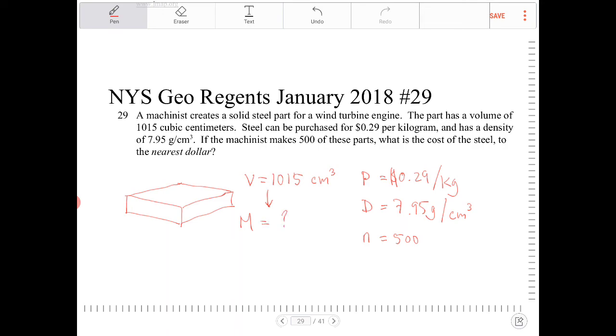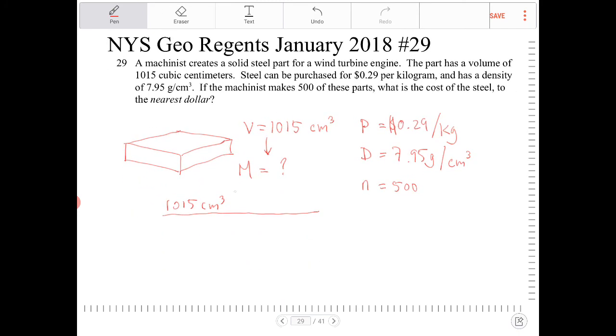So if I have 1,015 centimeters cubed, and I want to convert this into grams, and I'm told 7.95 grams per 1 cubic centimeter, where should the 7.95 go? I want the centimeters cubed to cancel, so the centimeters cubed needs to be in the denominator.